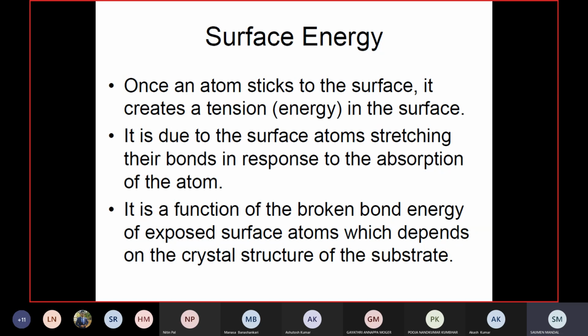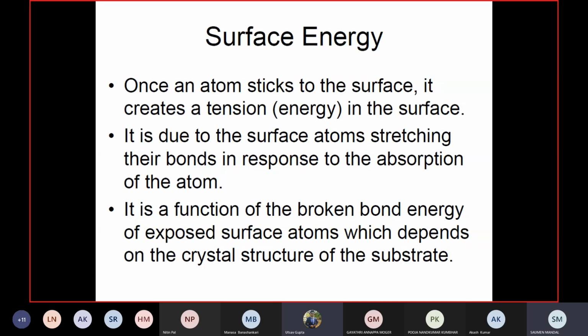Now, if I ask another question, how do you define surface tension? Can anyone? The force required per unit length, or surface energy per unit area.